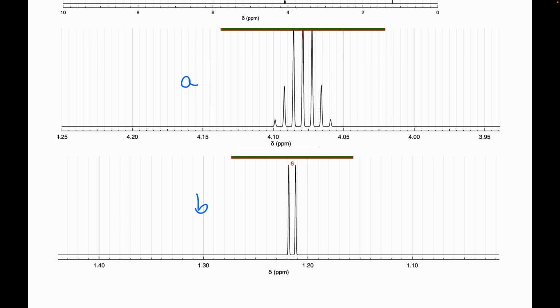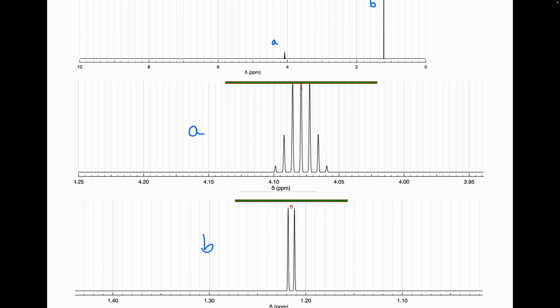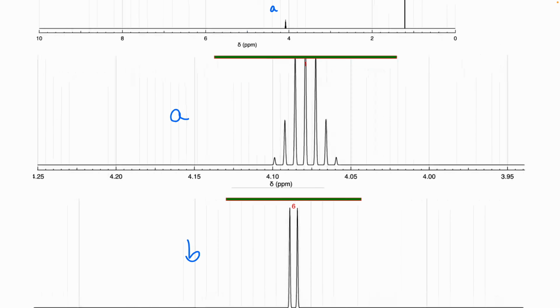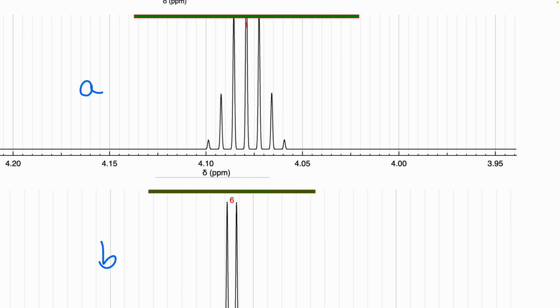All right, so for my peaks here, for the chemical shift, again, I'm talking about where on my x-axis this peak is. If we have a cluster here like this, a peak with multiplicity, we're just going to aim for the middle.